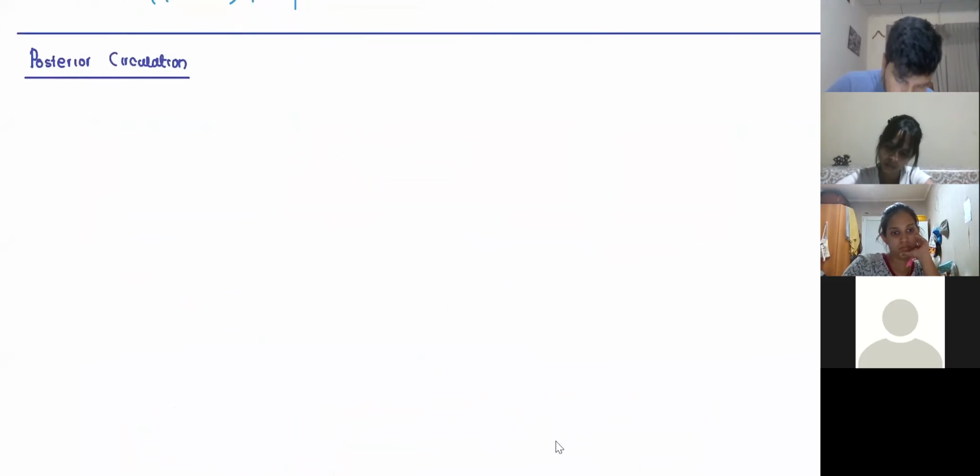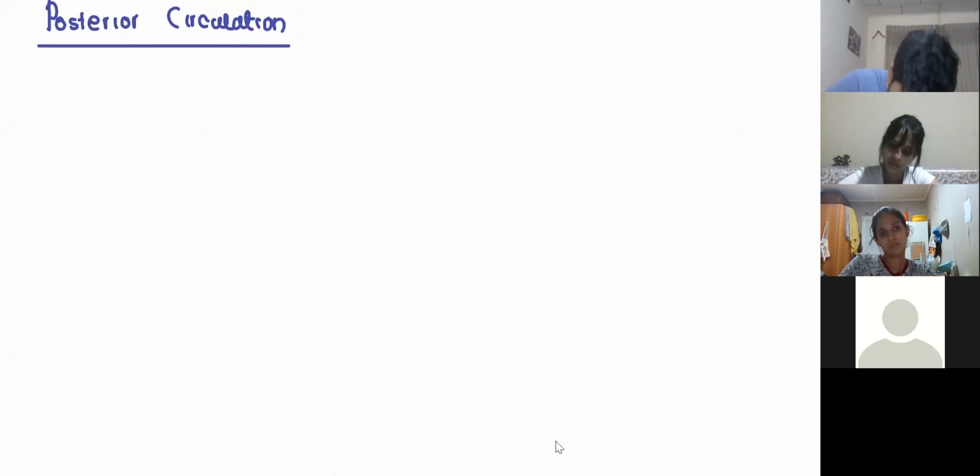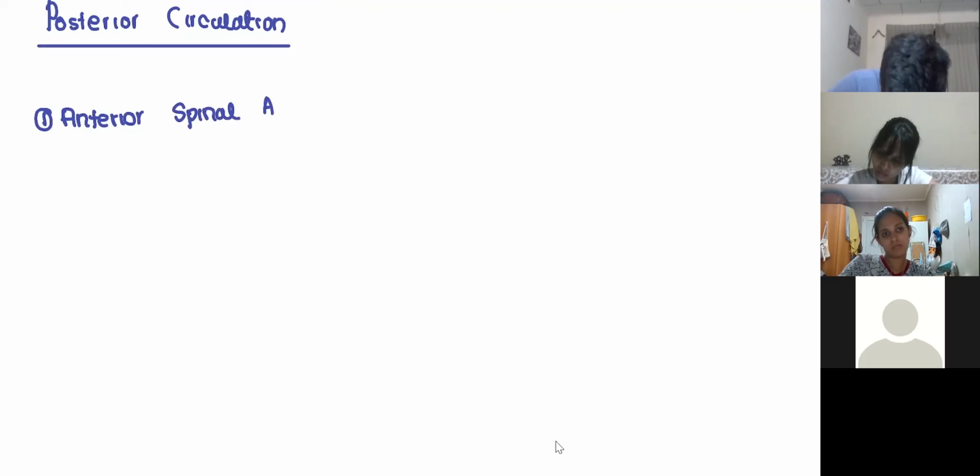Now we are talking about the posterior circulation. Okay, and the first one is anterior spinal artery.